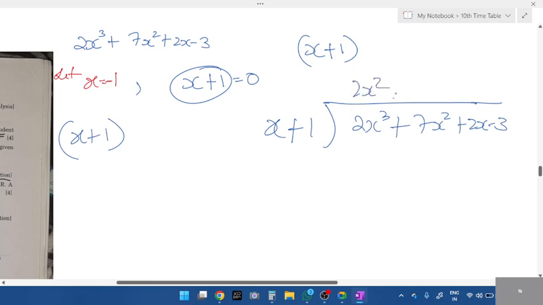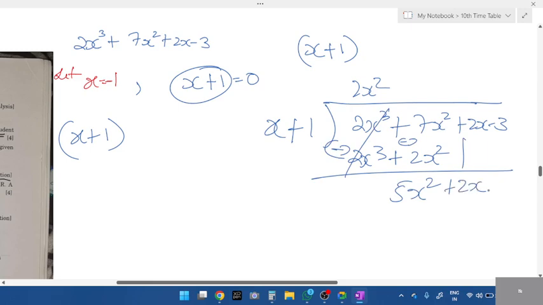Be quick. 2x square, 2x cube, then x goes 5x times. 5x is 5x square.